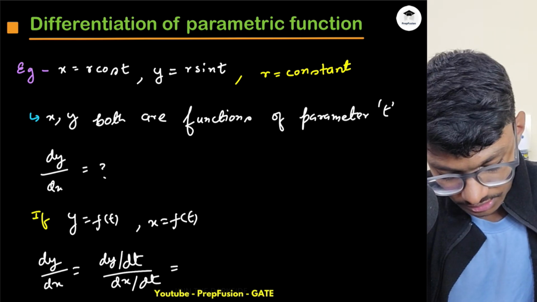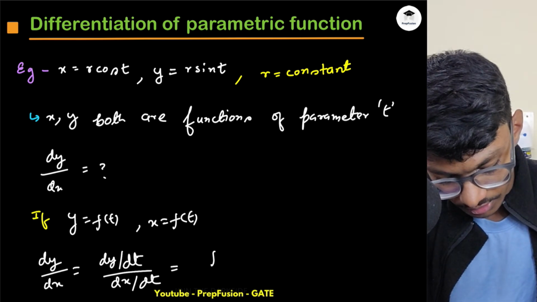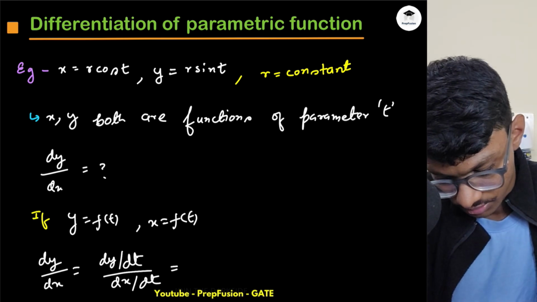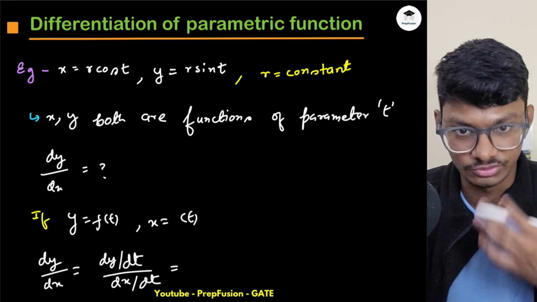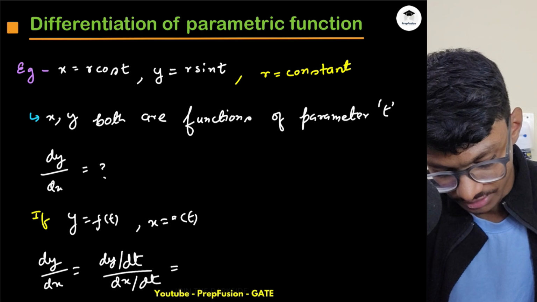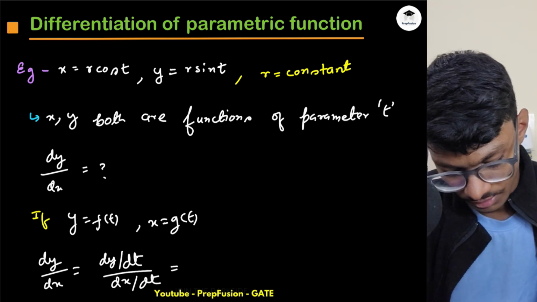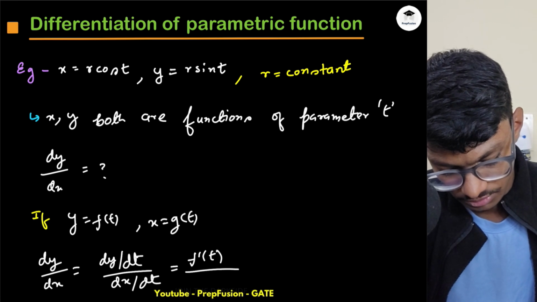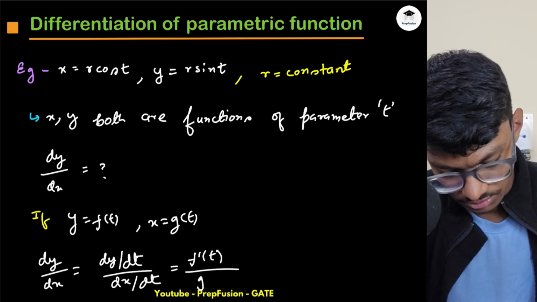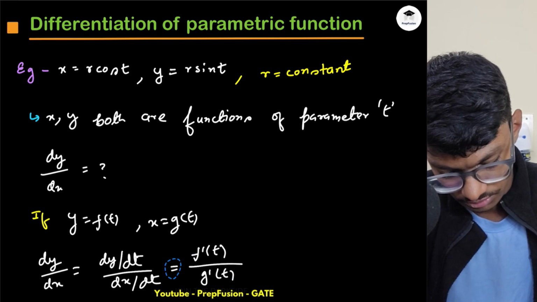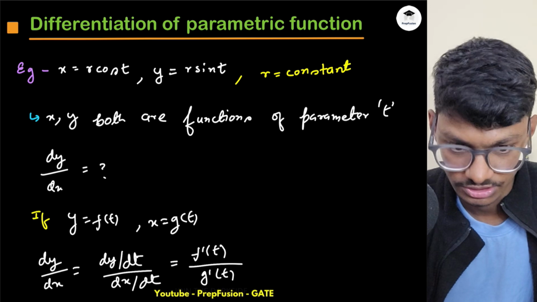I can write y as f of t and x as g of t, to differentiate these two things. So this will be f dash of t and this will be g dash of t.